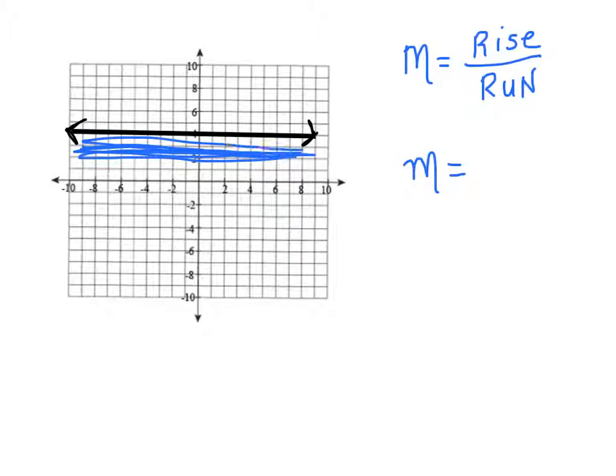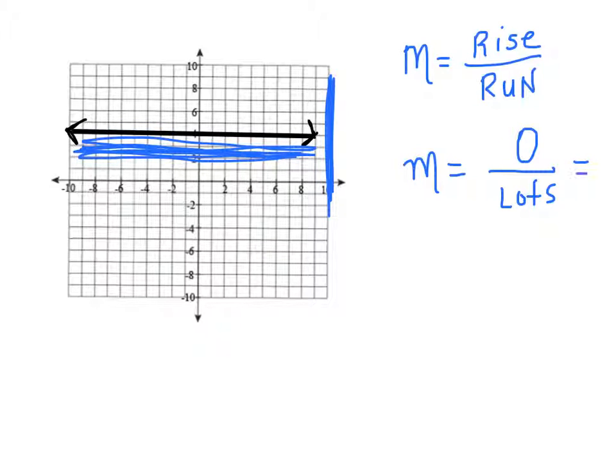So I have a whole bunch of run, I'm sorry. So I have lots of run, we'll call it lots. And I never ever go up or down, do I? I never ever actually start to rise. So I have 0 rise.